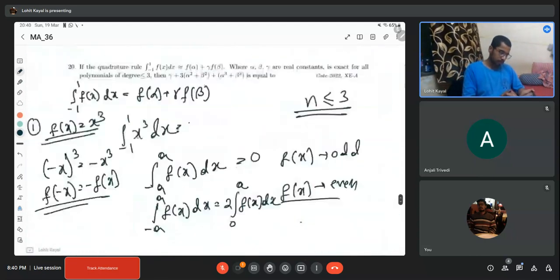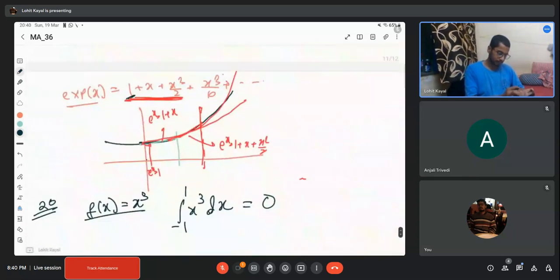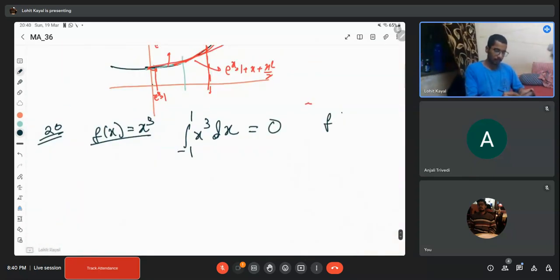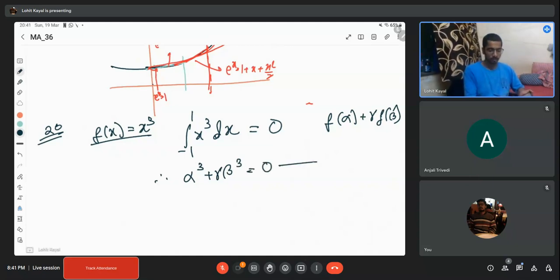And my approximation, f(alpha) plus gamma f(beta): when f(x) equals x cube, alpha cube plus gamma beta cube is equal to 0. This is my equation number 1.